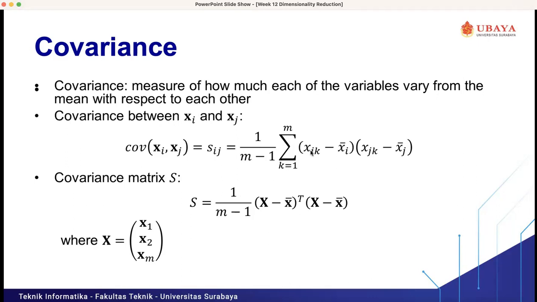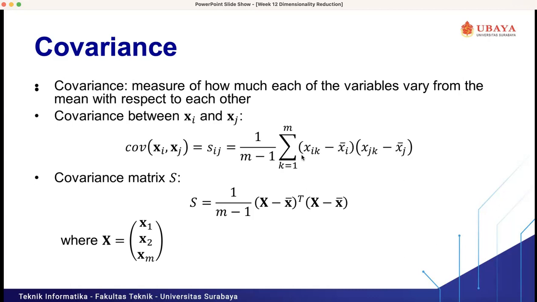xik. Xik means the feature i in observation number k, minus x bar i, then multiplied by xjk. Xjk is the feature j in observation number k, minus x bar j.